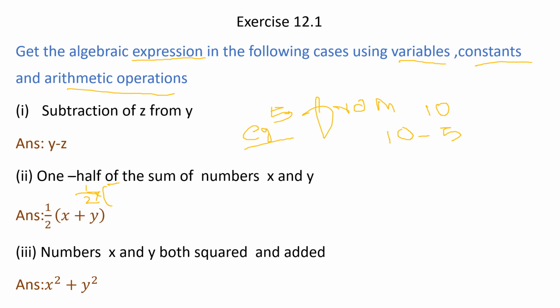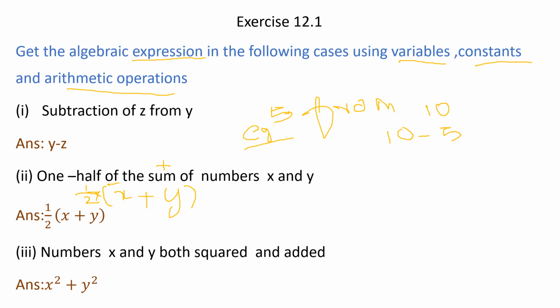Both are the same, but you have to put a bracket because it is 1/2 of the sum of numbers. Sum means addition, plus, right? What are the numbers? x and y. So we can write x plus y. So 1 by 2 into, and we can put a bracket.